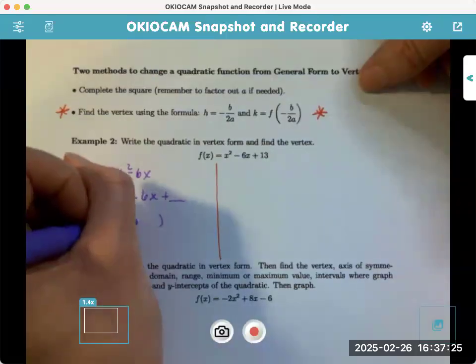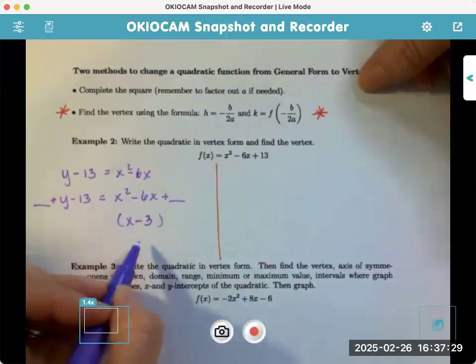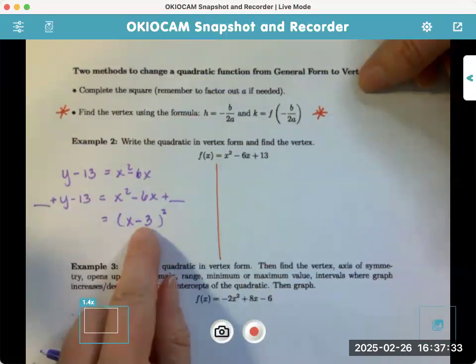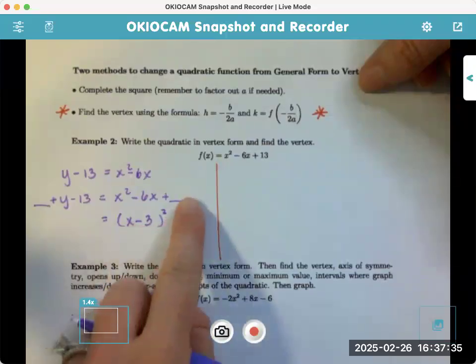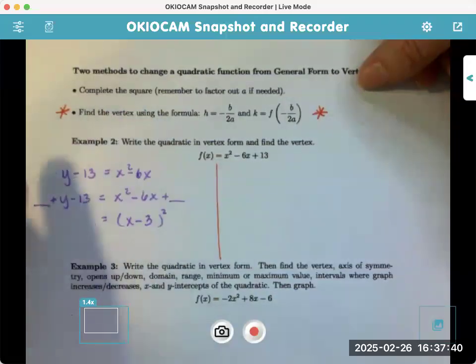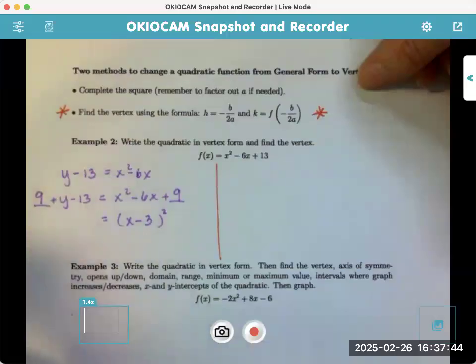Remember the letter drop, the operation drop. This middle number gets divided by 2. So now the binomial squared is x minus 3. And remember, it's almost telling you what to do. This is 3 squared, which is 9. So if I throw a 9 on the right, I throw a 9 on the left, pardon me.